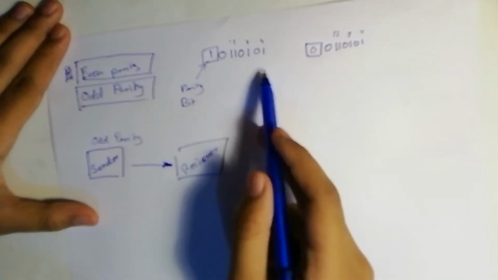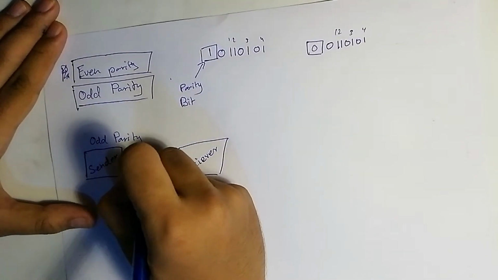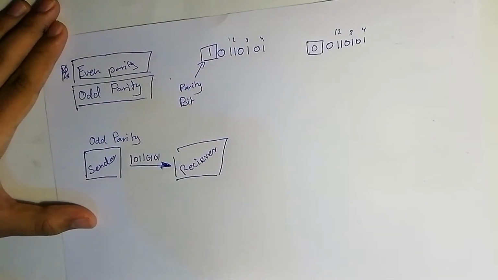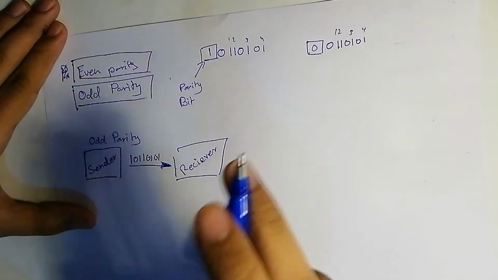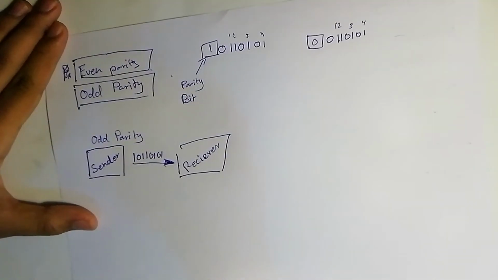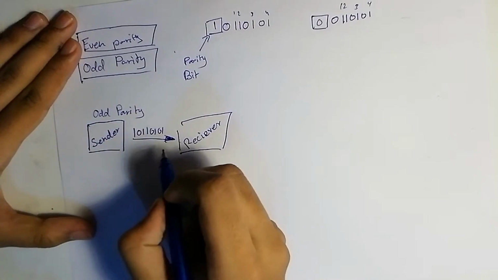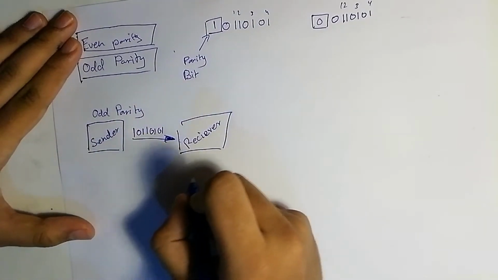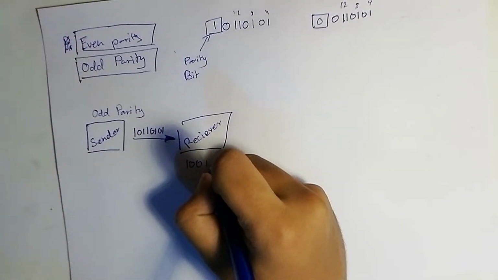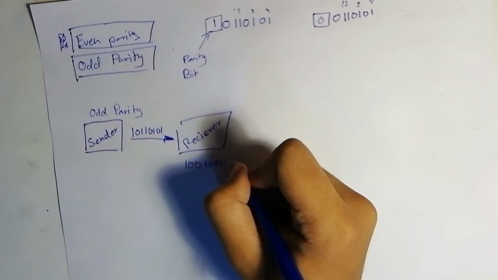So now we're going with this example. 10110101, it's already correct. But now let's say when the data was traveling nice and smoothly, an error occurred. This error caused the byte to not be this, and it turned into something like 10011.